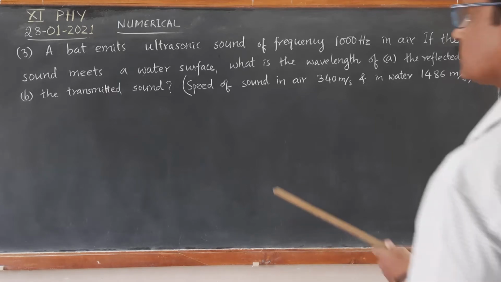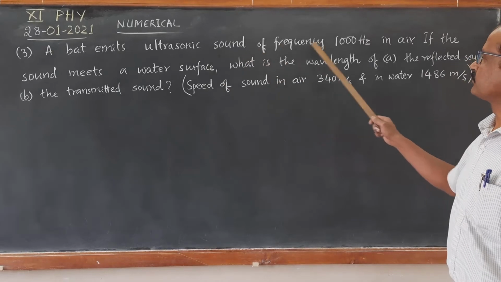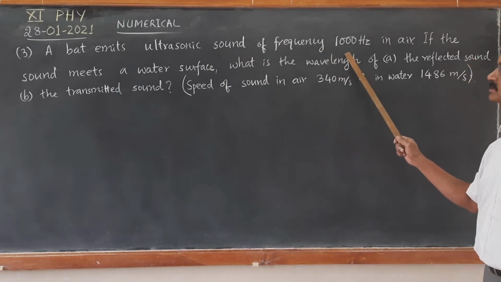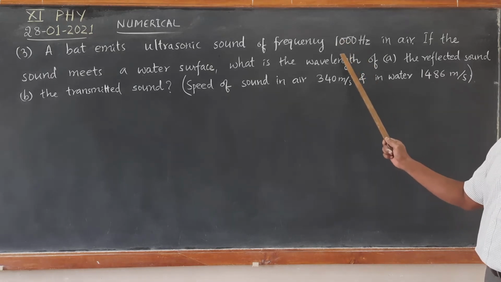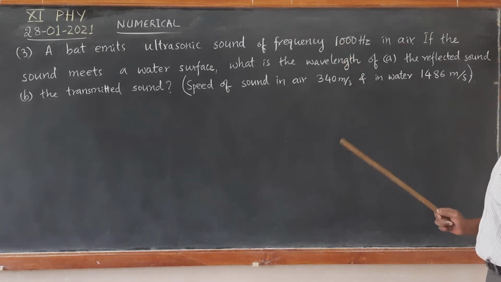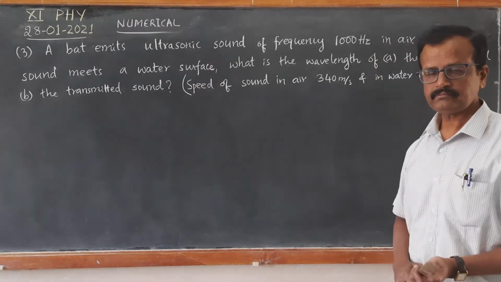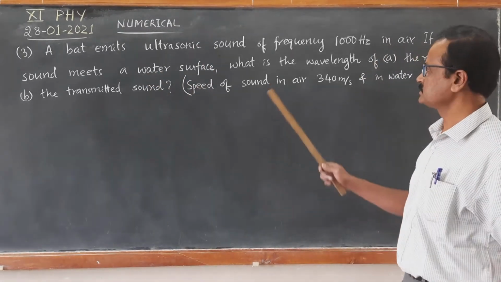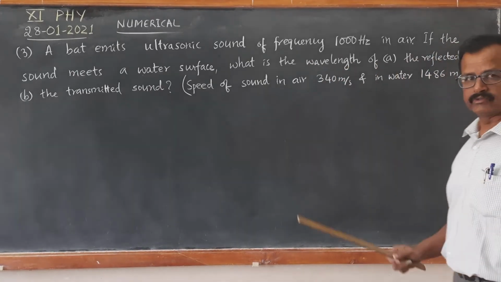Now look at this third problem. A bat emits ultrasonic sound of frequency 1000 hertz in air. That is 1 kilohertz. If the sound meets a water surface, what is the wavelength of the reflected sound?